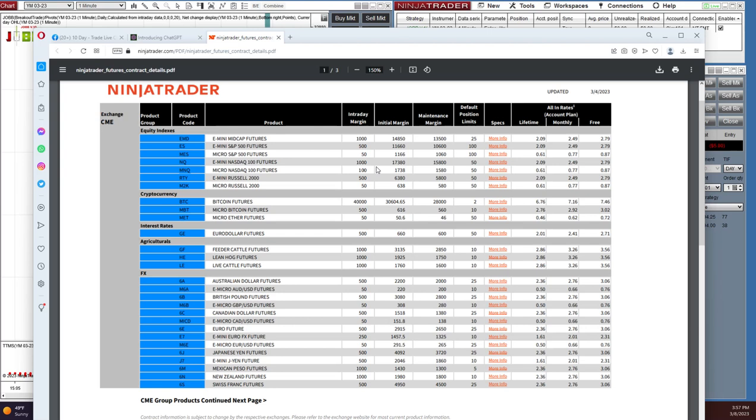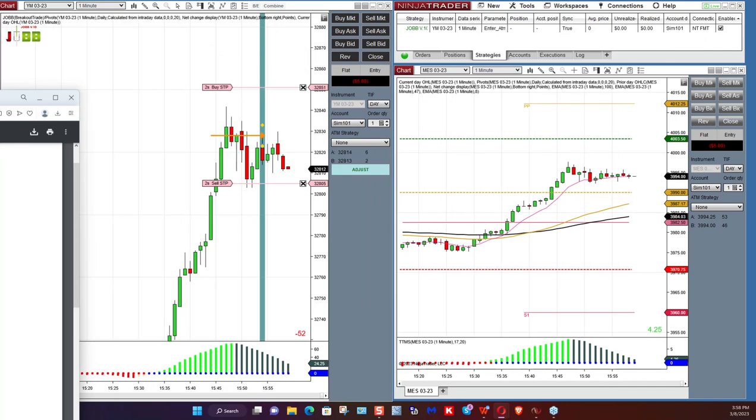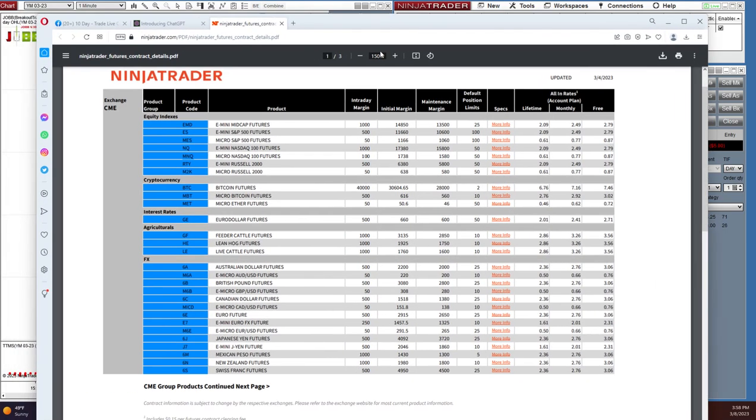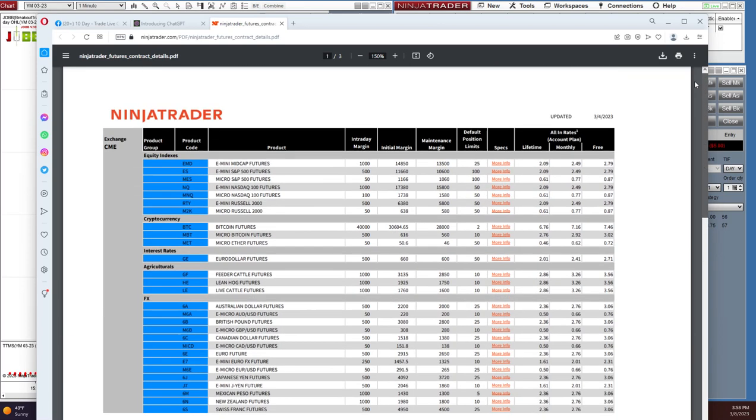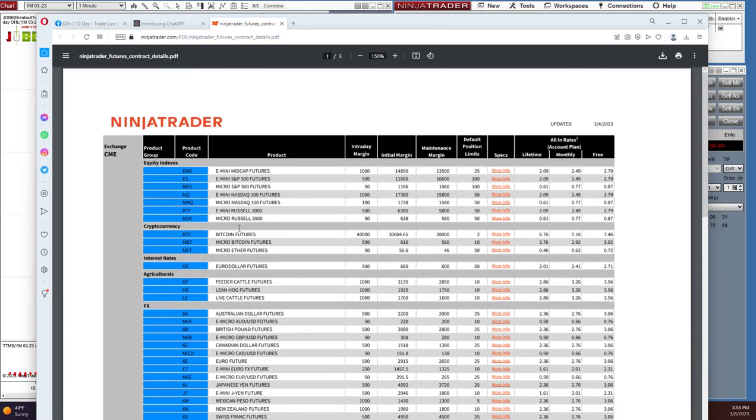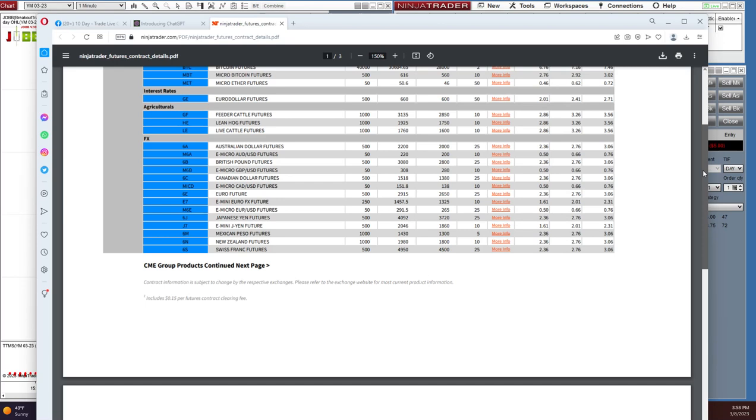And they obviously require less margin. So this Ninja sheet will show you all of the instruments that you can trade with Ninja, and it lists all the micros. There's micros to so many things now that there didn't used to be. Some of them aren't that great because they're not popular, so they don't have good liquidity. But more and more, the micros are getting more and more popular.